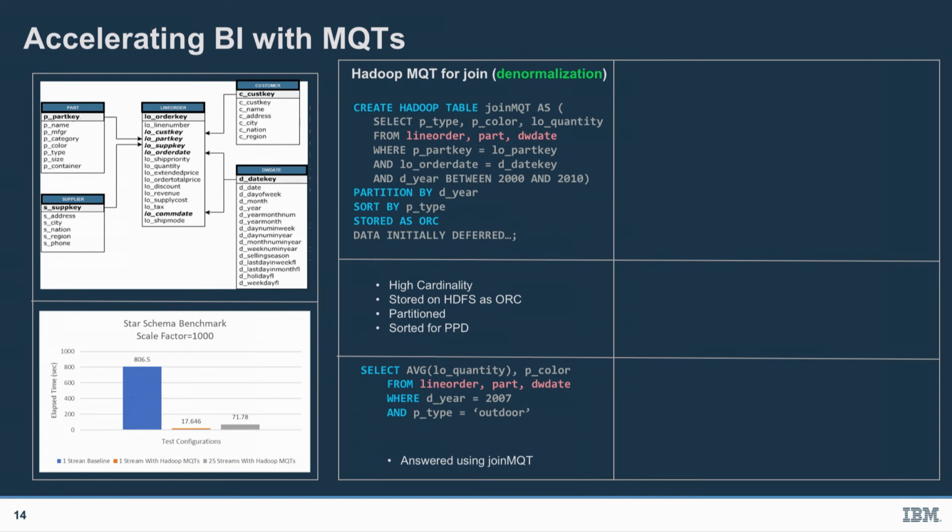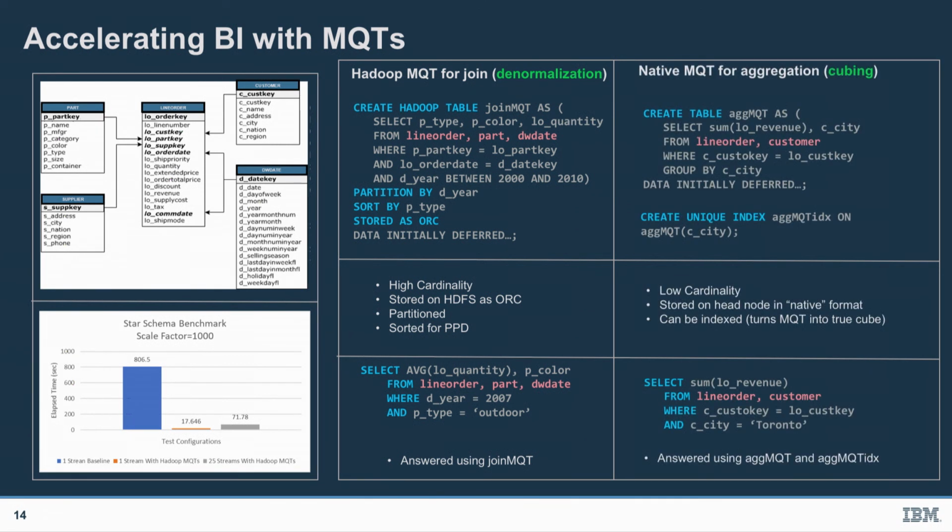There is a predicate on year, and the materialized view contains years from 2000 to 2010, so 2007 is included. And finally, there is a predicate on the column that we are sorting. So a query that could have taken maybe hours might take seconds or minutes using the materialized view.